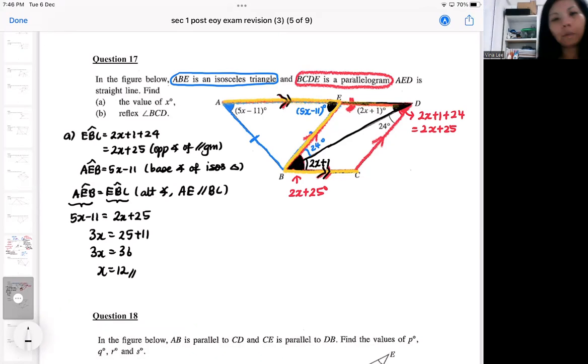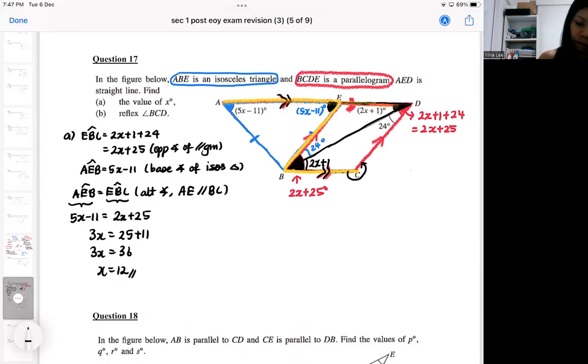There must be some properties for you to form an equation. In this case, all the angles have some amount of algebra, so there is no non-algebra method. Then after this, we will find BCD, this portion. Reflex BCD. If you look, this is the reflex.